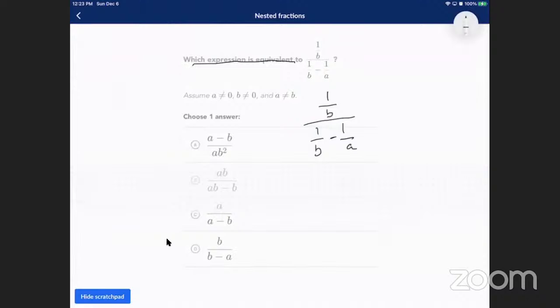I remember what I was doing yesterday was the idea of, let me see. I think I was supposed to say 1 over b, 1 minus 1 over b over a. We're supposed to get the a over b, like that.